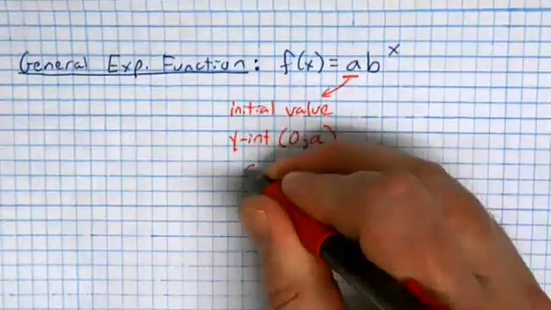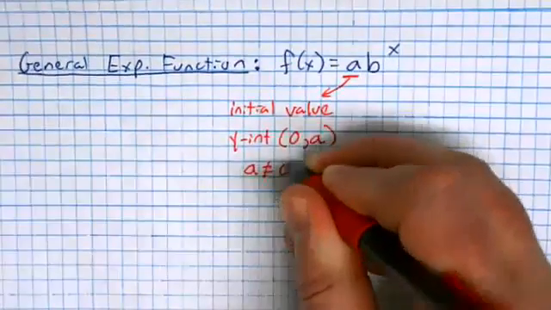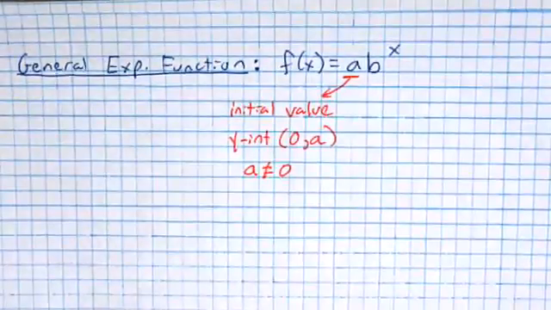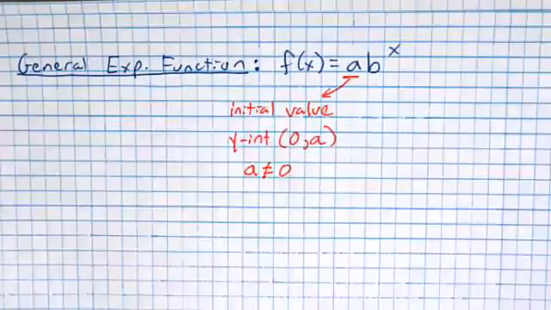And we do not allow for exponential functions a to equal 0. You can probably convince yourself that if a was equal to 0, this would be a pretty boring function, isn't it? It'd be a horizontal line, the x-axis, basically. There's no fun in that, so we don't want that to happen.